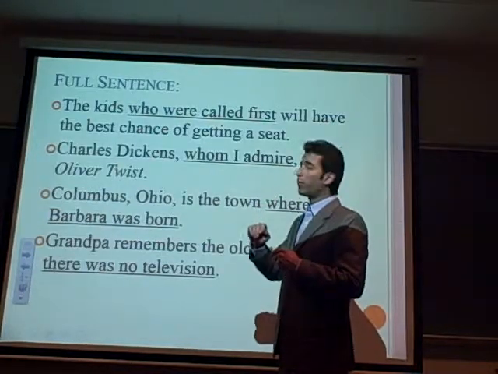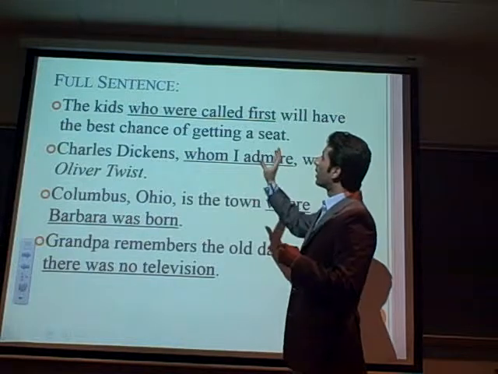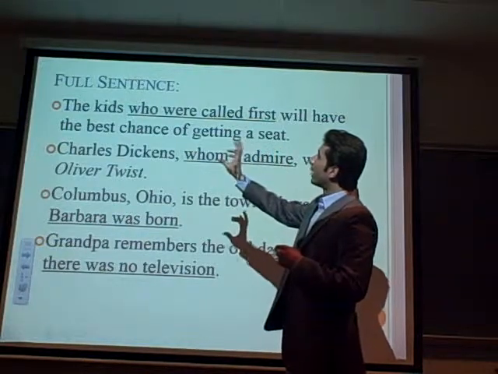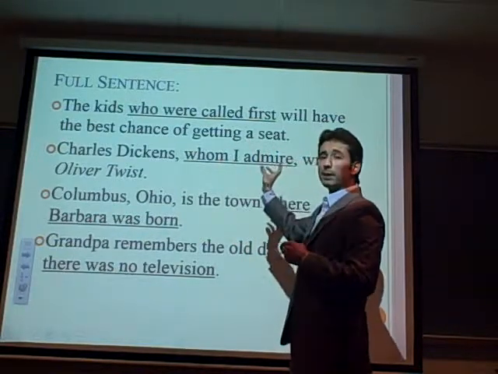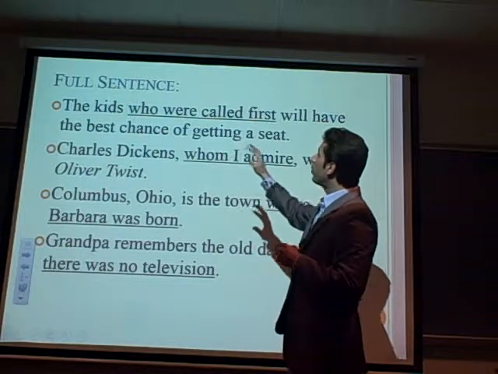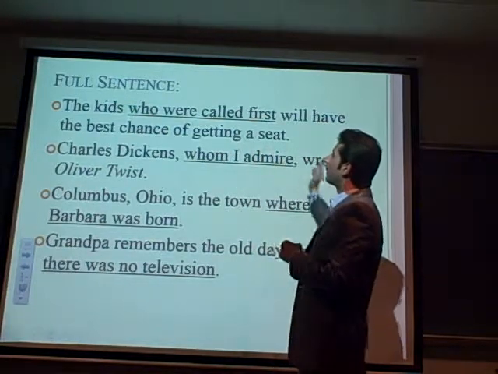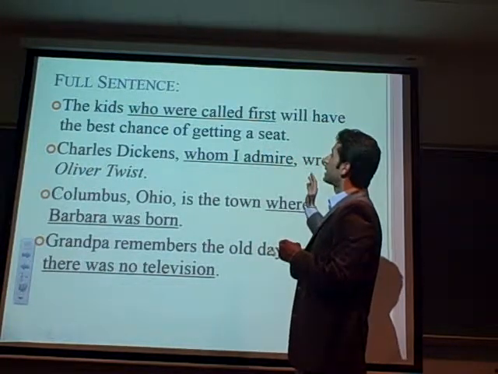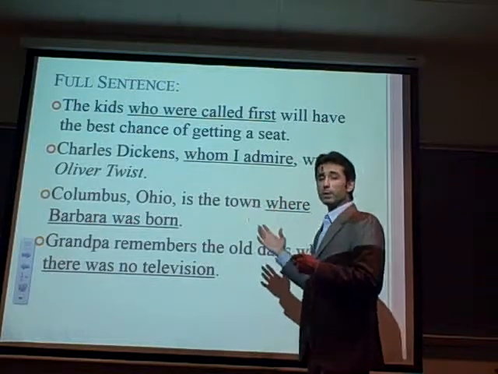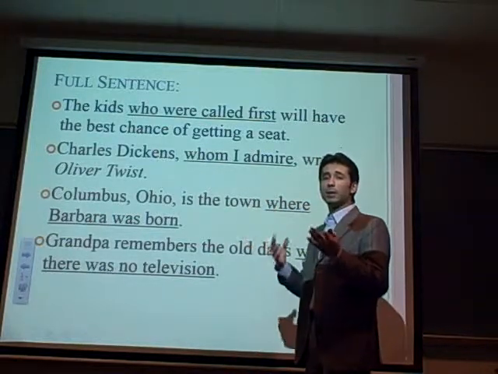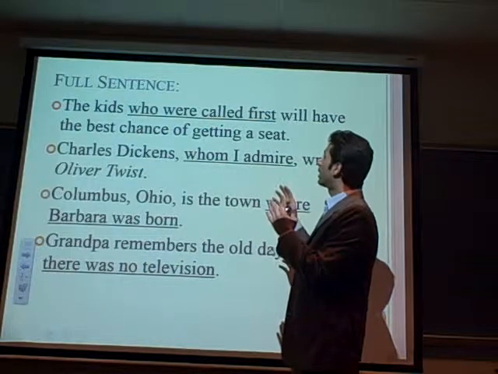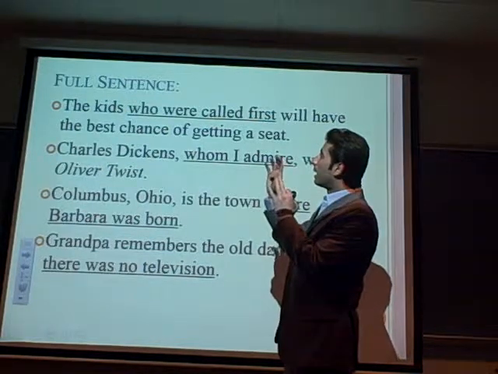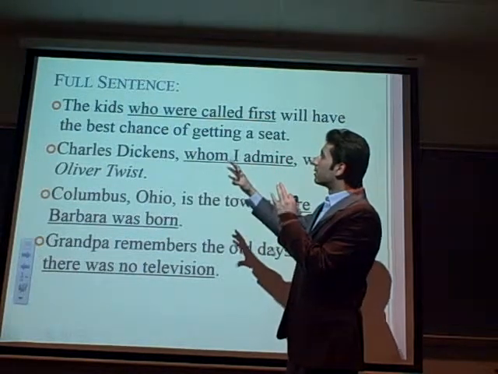For example, the first one, who were called first, when we insert it with the independent clause: the kids who were called first will have the best chance of getting a seat. Here we have a meaningful sentence. We have a complete idea, complete thought, because we are talking about the kids.